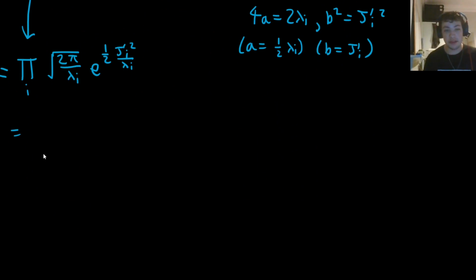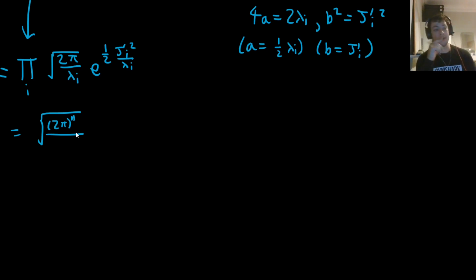And we can expand this product out. We just do the product, so square root 2 pi times square root 2 pi times square root 2 pi, we just get 2 pi to the n. Then lambda 1 times lambda 2 times lambda n is the determinant of the matrix we started with, because the determinant of M is the determinant of D, which is a diagonal matrix, so its determinant is just the product of its entries.